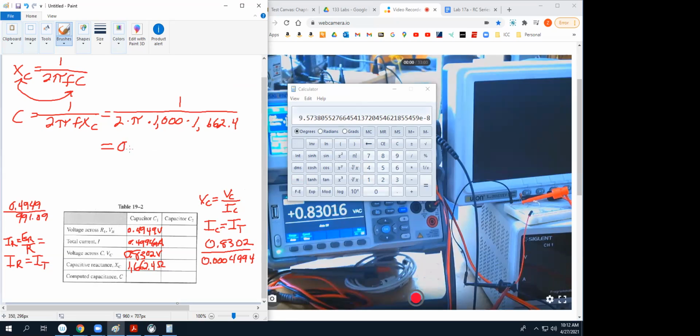Zero point zero zero zero zero zero zero.